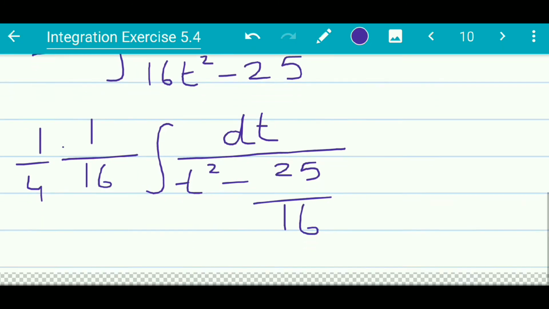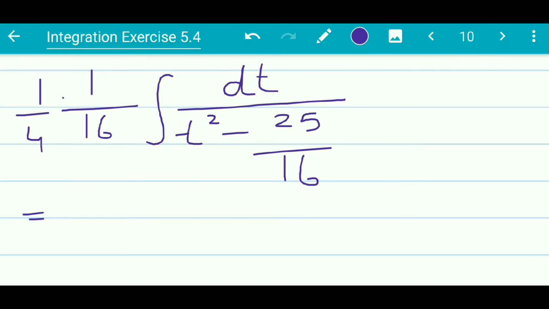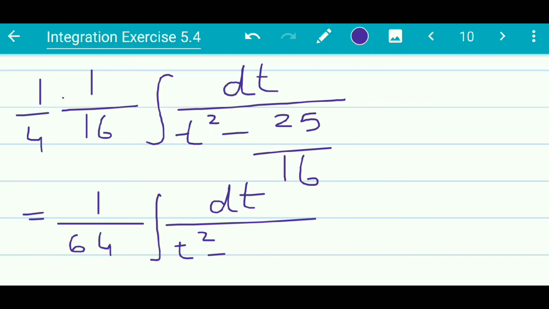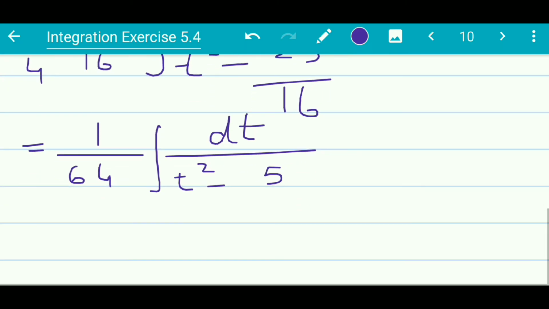Okay. Those who understood the sum will know what procedure to be done afterwards. 16 4s, that is 64 integral of dt upon t square minus 5 upon 4 the whole square. 25 upon 16 is written as 5 upon 4 the whole square.